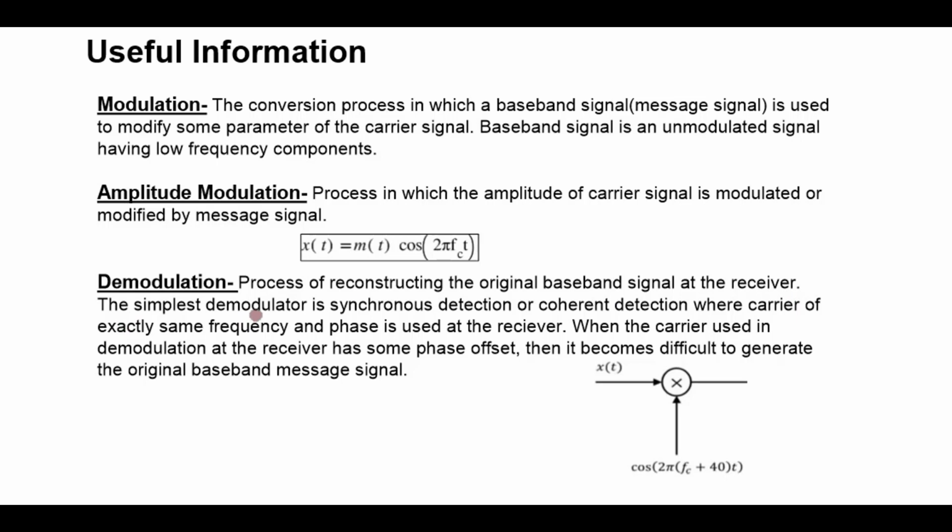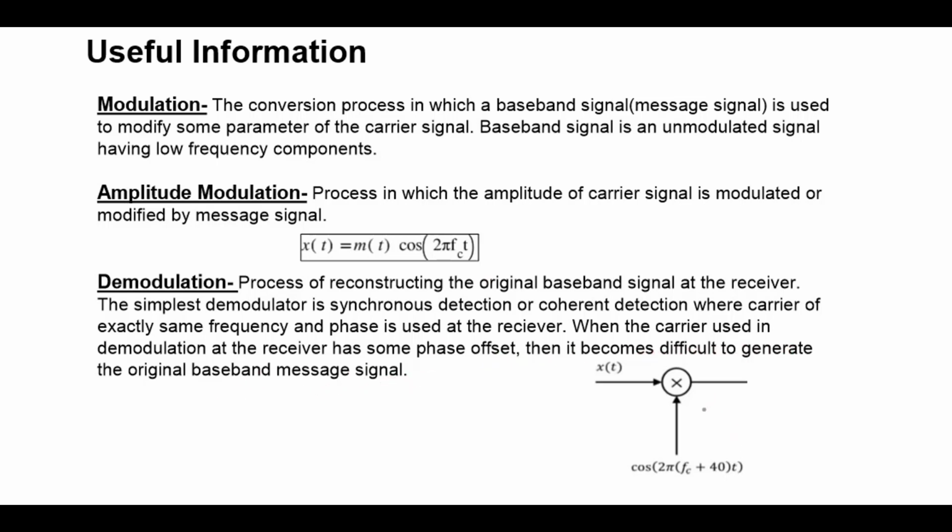The simplest demodulator is synchronous detection or coherent detection, where a carrier of exactly the same frequency and phase is used at the receiver. When the carrier used in demodulation at the receiver has some phase offset, then it becomes difficult to generate the original baseband message signal.